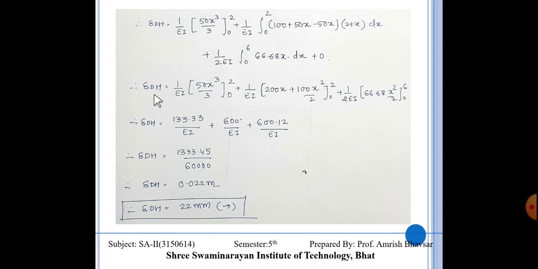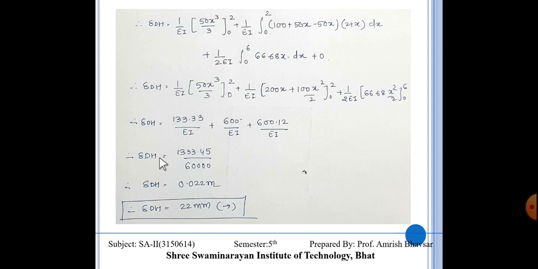Now delta DH is equal to 1 upon EI 50x cube by 3, 0 to 2, plus 1 upon EI (200x plus 100x square by 2), 0 to 2, plus 1 upon 2EI into 66.68 x square by 2. So we will get delta DH is equal to 133.33 upon EI plus 600 upon EI plus 600.12 upon EI.